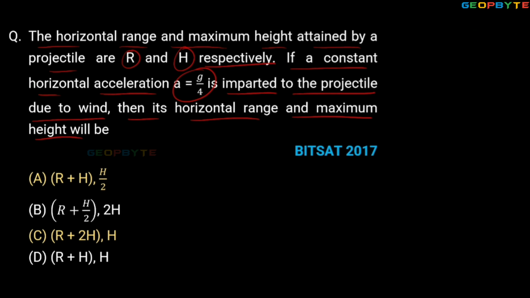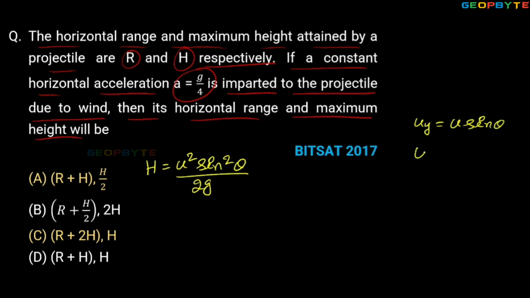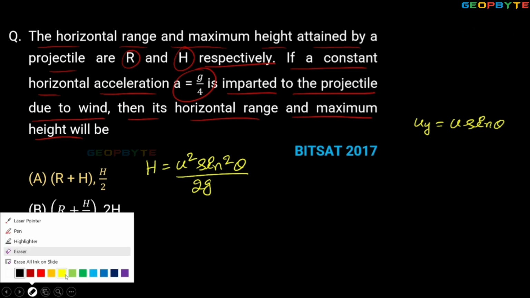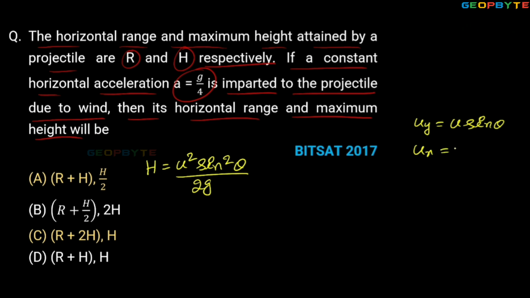Since there is no change in vertical acceleration, the maximum height attained by the body remains the same, that maximum height H equal to u square sine square theta by 2g. As you know, vertical component of velocity is u sine theta, and horizontal component of velocity ux equal to u cos theta.